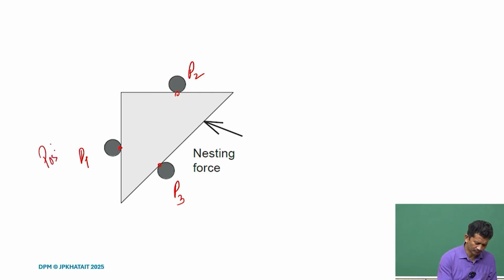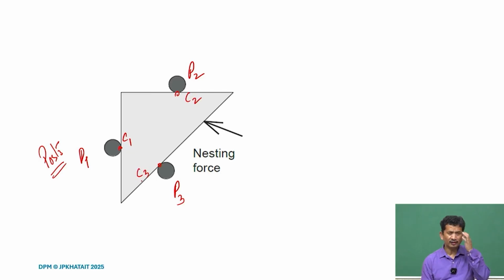So, posts P1, P2, P3, then we have contacts C1, C2 and C3, and what we need to identify is the tangent plane. Of course, the tangents are well defined here at the contact, tangent lines, and the perpendicular to that tangent line passing through the contact point will define the constraint line.